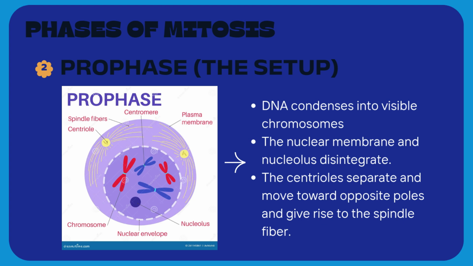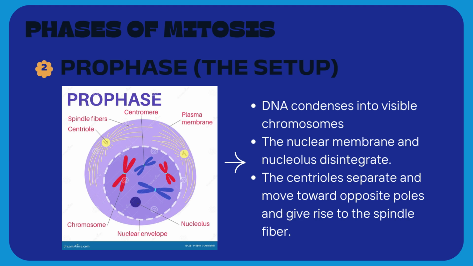This leaves the genetic information, the DNA that was inside the nucleus and has now been replicated, sitting out in the open in the cytoplasm of the cell. What else happens is that there's this little dot called a centriole.